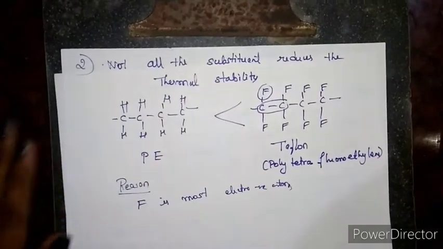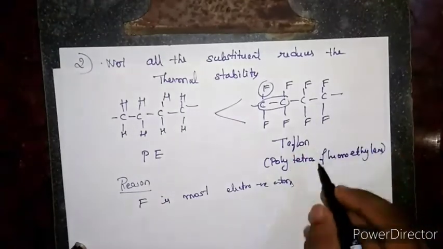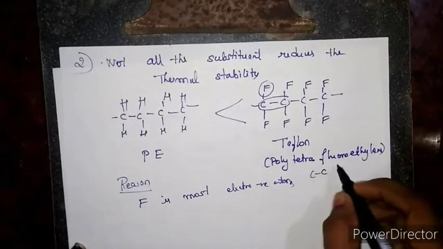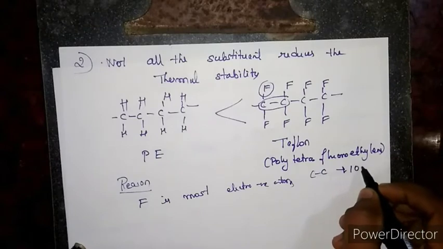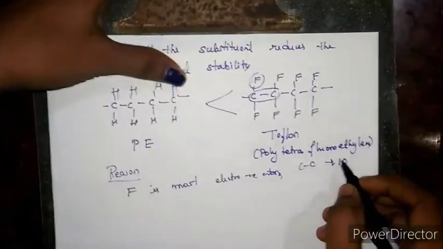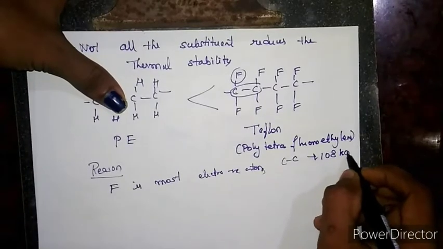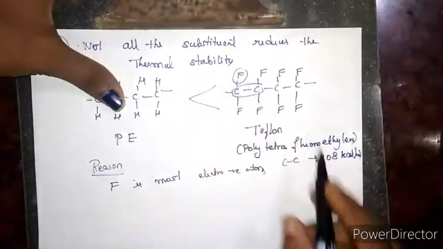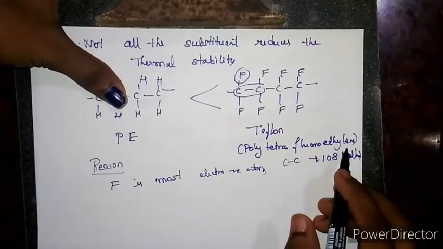It is found that in Teflon, the C-C bond dissociation energy is around 108 kilocalorie per mole. Bond dissociation energy means what?